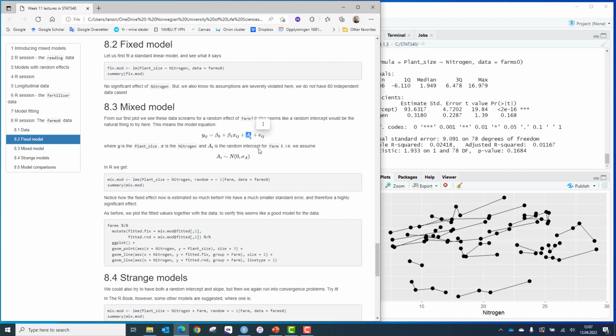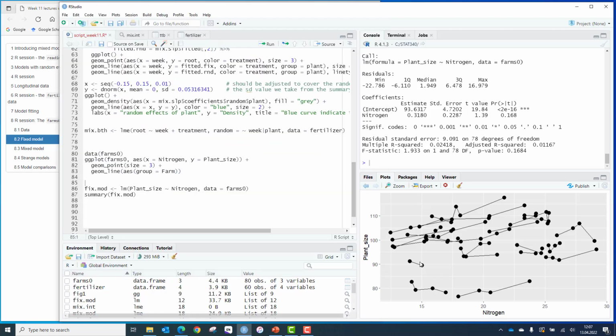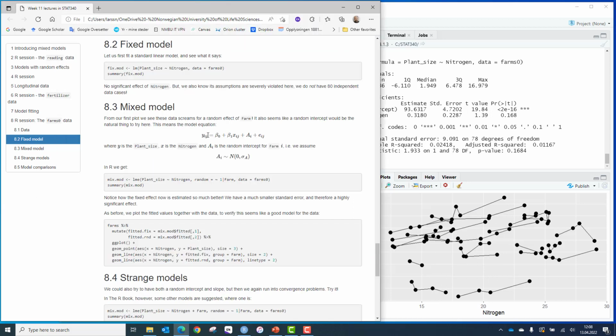So, of course, we should fit a mixed model here, and again we use a mixed model with a random intercept, because when you look at this data, this is the natural thing. For each farm, there is sort of a new level, you could say, right? That's what this random intercept means. So we now have a random effect of each farm, which we add as a modification of the intercept.